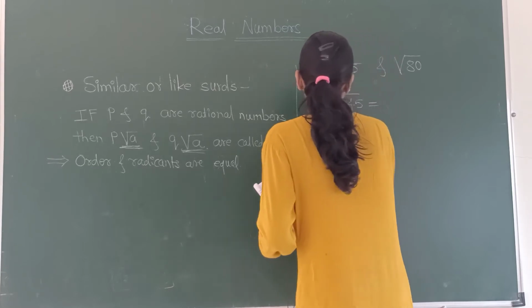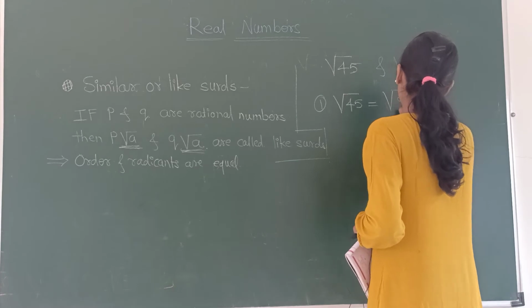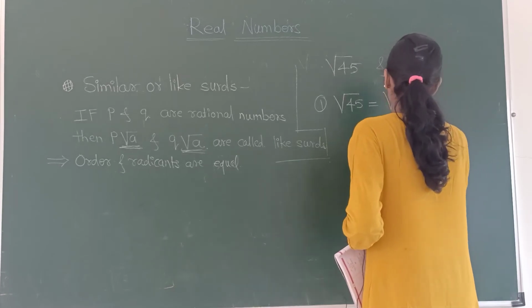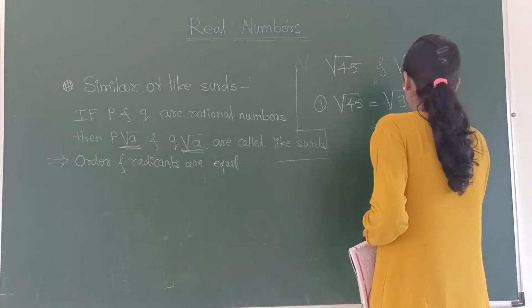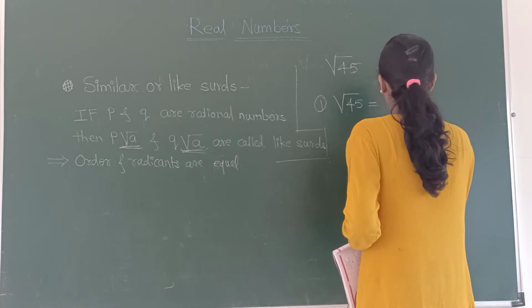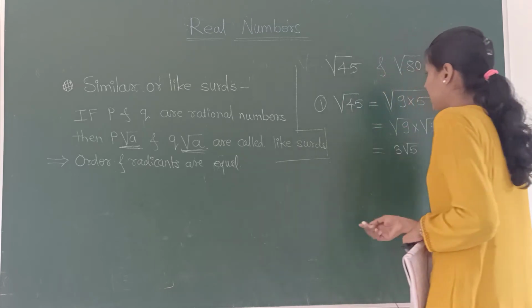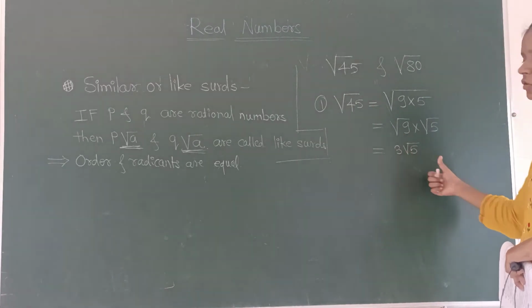First one is under root of 45. Under root of 45 is written as under root of 9 into 5. This can be further simplified as 9 into under root of 5. If we remove the root sign from 9, it will be 3 under root of 5. So the simplest form of under root of 45 is 3 under root of 5.